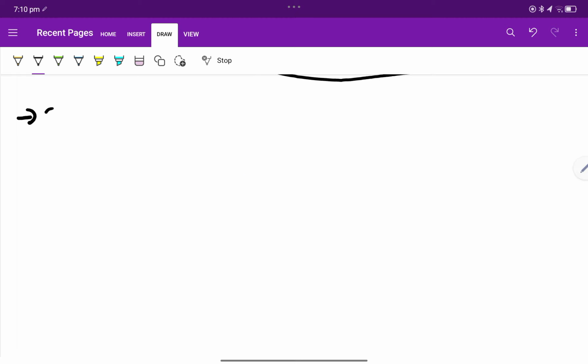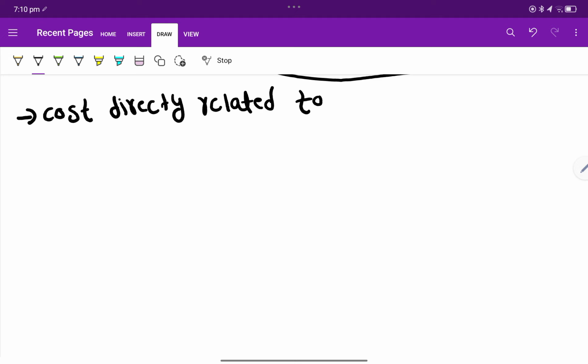First one, cost directly related to a specific contract. What are they?